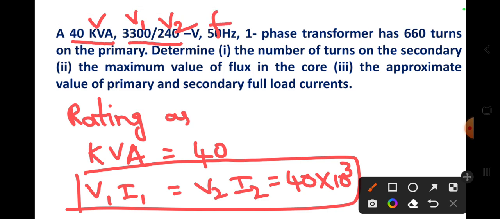The transformer has 660 turns on primary. N1 is given. Then determine the number of turns on the secondary, maximum value of the flux in the core, and the last one is the approximate value of primary and secondary full load currents.